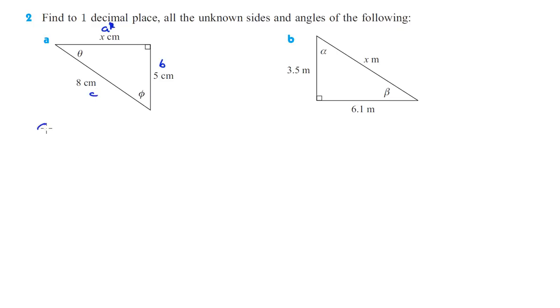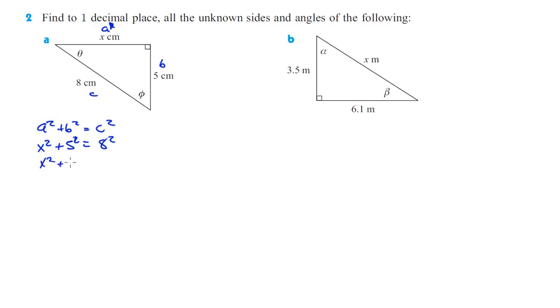So let's do a squared plus b squared equals c squared. The important part is that we know that the hypotenuse is the c, so there's our 8 squared. Let's call it x, we'll take our a squared, and then b is 5 squared.